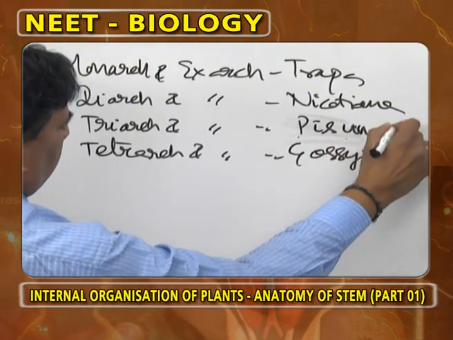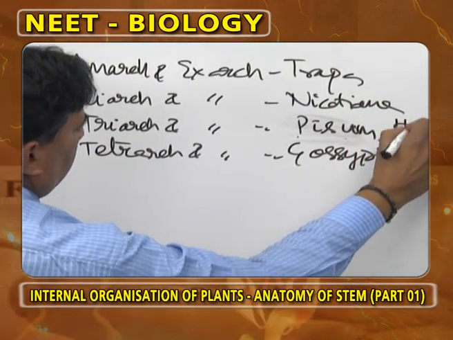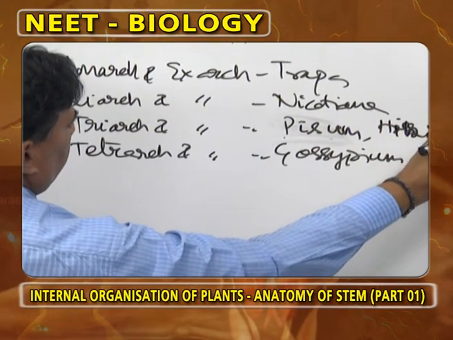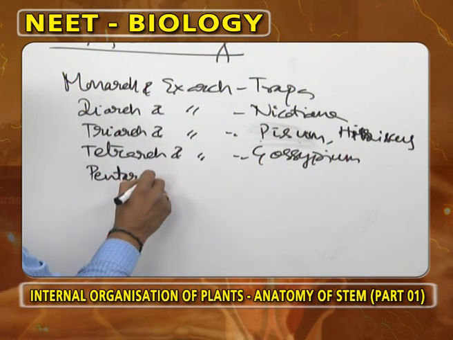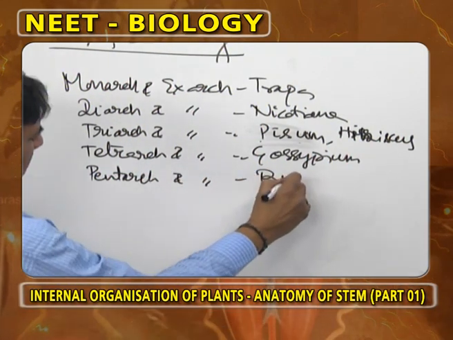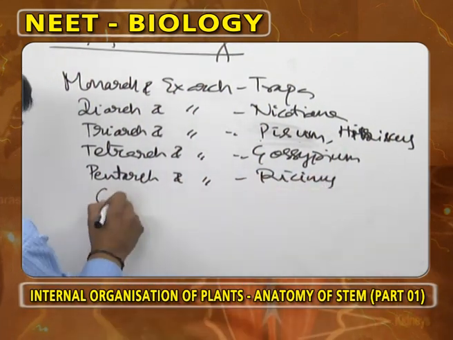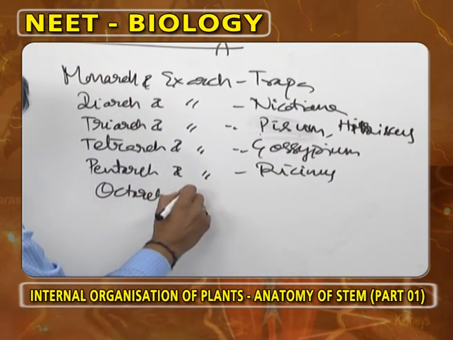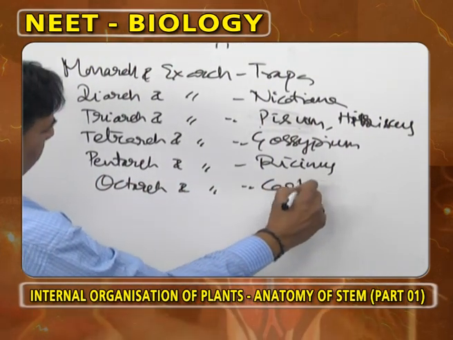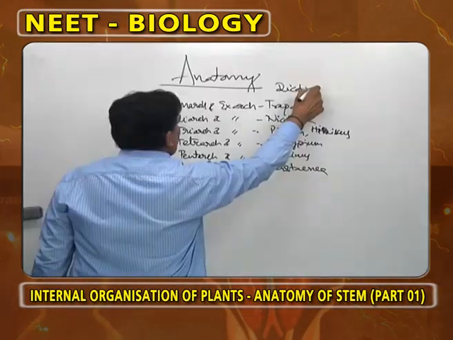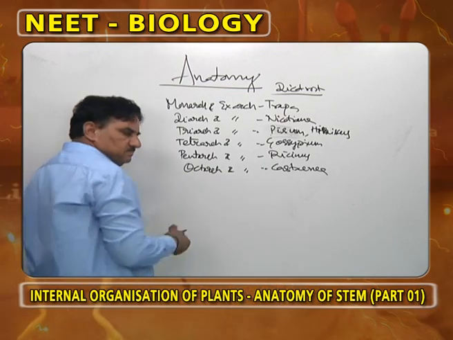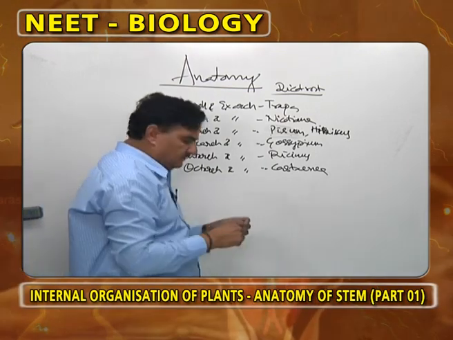This triarch and exarch condition is also found in hibiscus. So, Pisum and hibiscus. Pentarch and exarch in Ricinus. Octarch and exarch in a plant called Castanea. These are the variations in a vascular bundle of a dicot root.